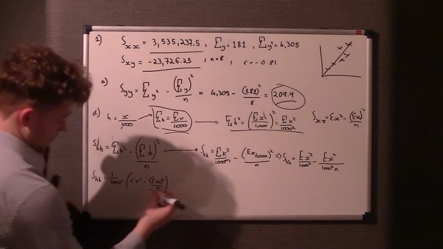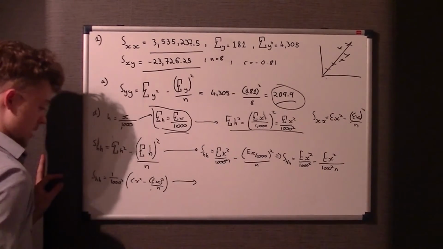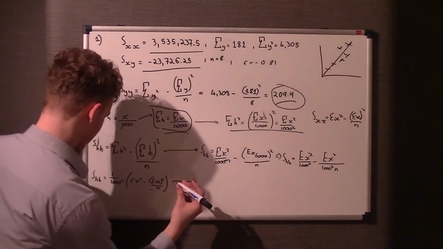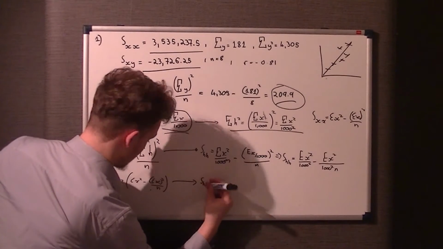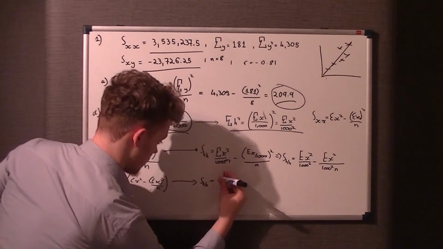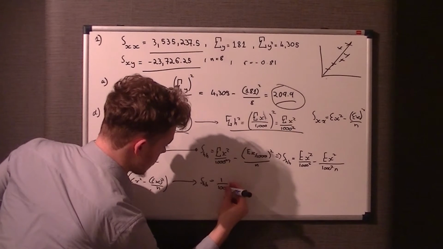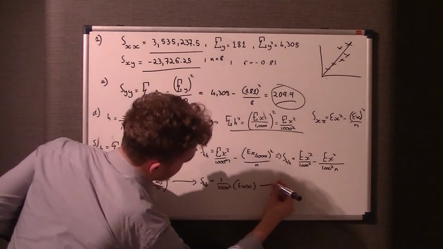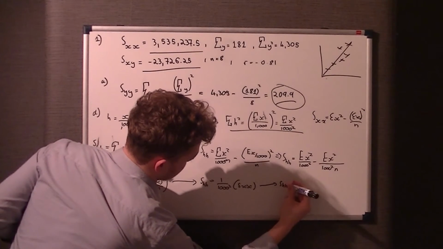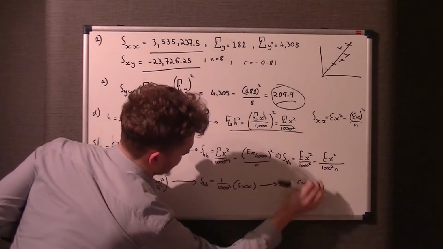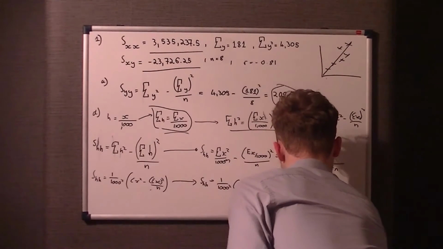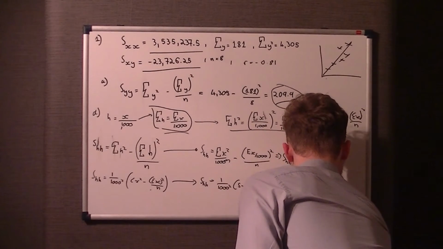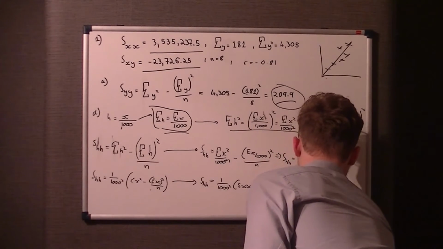So we can sub in SXX, which is the sum of x squared take the sum of x all squared over n. Therefore SHH is equal to 1 over 1,000 squared times SXX. You can multiply this out, obviously. So therefore SHH is equal to SXX over 1,000 squared.